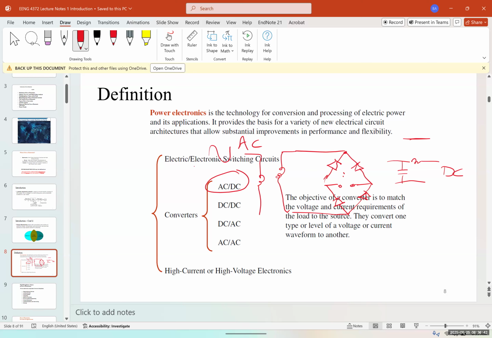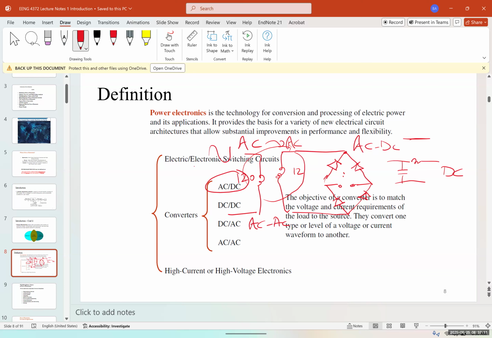So first, the transformer part converts AC to AC, going from 120 volts to, for example, 12 volts. Then you have an AC to DC converter. You have 2 converters inside those chargers. One drops the voltage, which we call a step down, and I'm going to explain more.